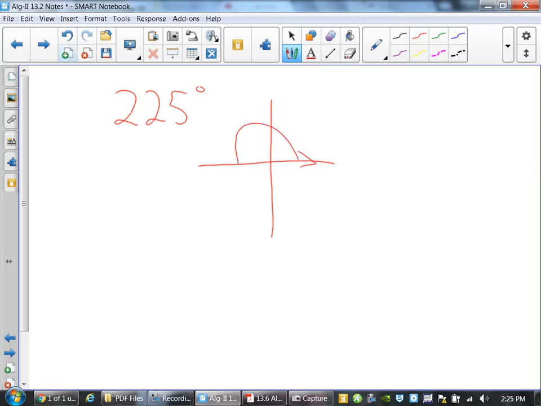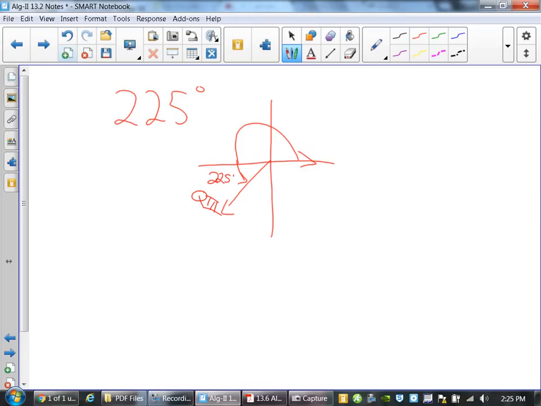Now that gets you to 180. 225 is how much more than 180? 45, which means it should come out to be about halfway. And I would label it as 225, quadrant 3. And that's what it is. Draw an angle in standard position, and ask in what quadrant it lies. You're just spinning it to its placement.